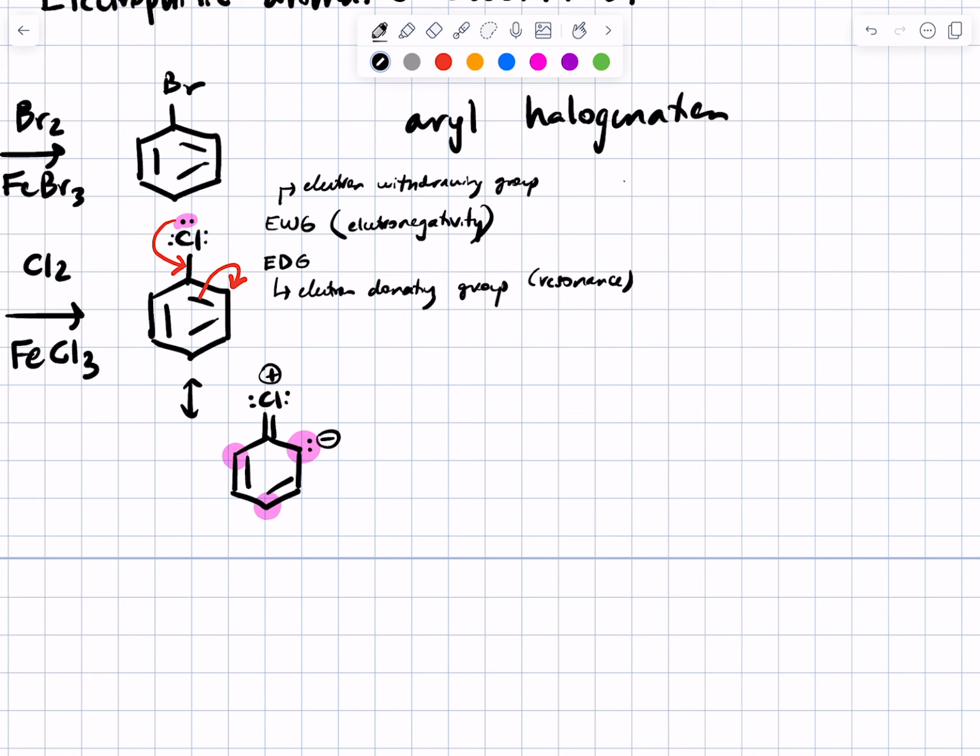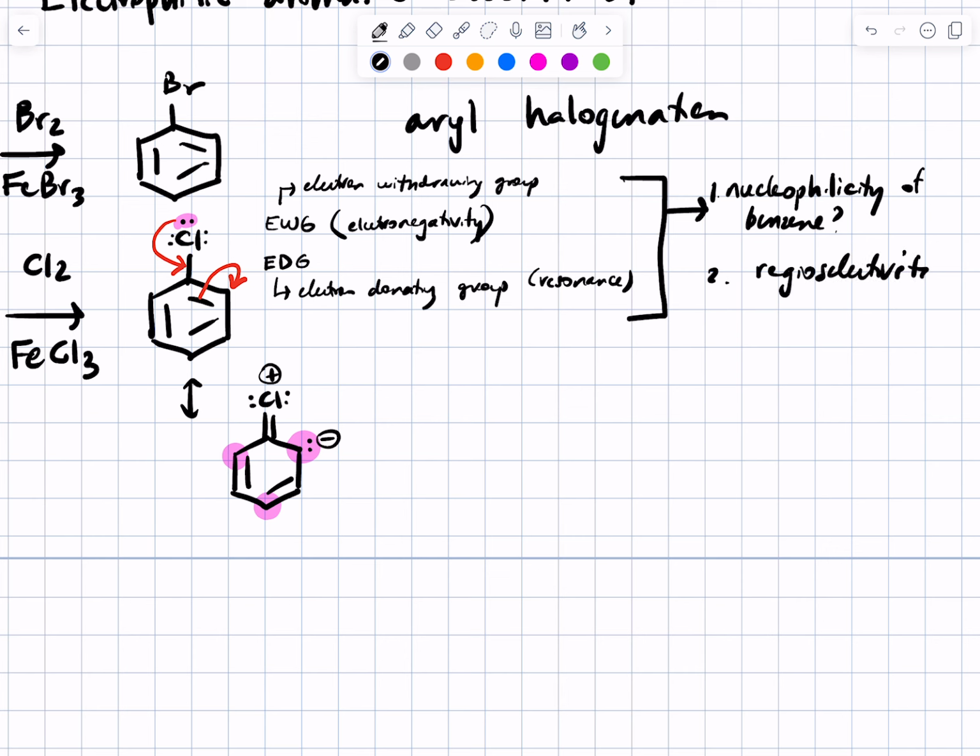when we consider whether a group is a donating group or a withdrawing group, two major outcomes that we want to deal with. One is, how does it impact the nucleophilicity of the benzene? And second, how does it impact the regioselectivity of another reaction that you might do?